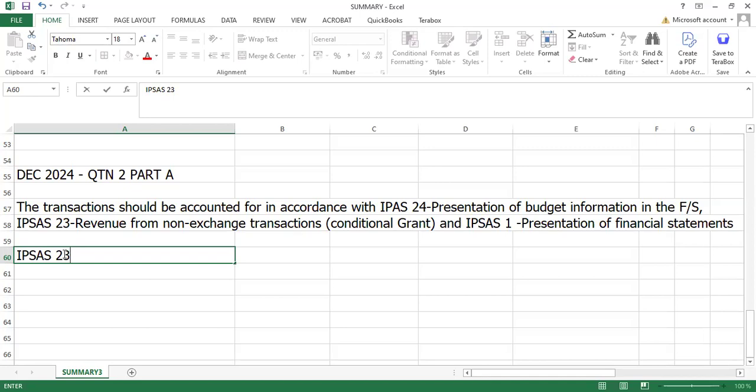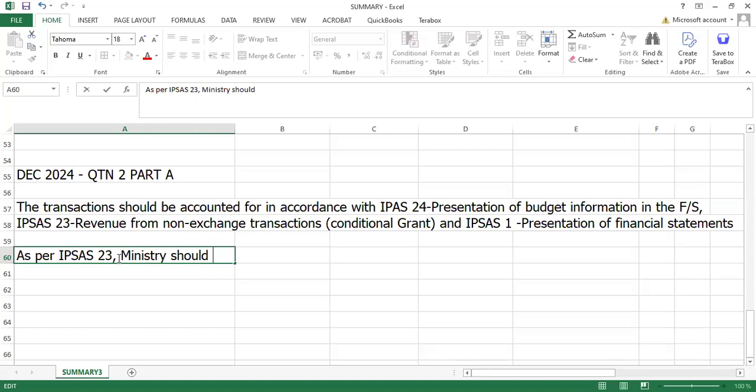Because I have already named IPSAS 23, I don't need to name it again. I can say that IPSAS 23 requires, or I can say as per IPSAS 23, the ministry should do.